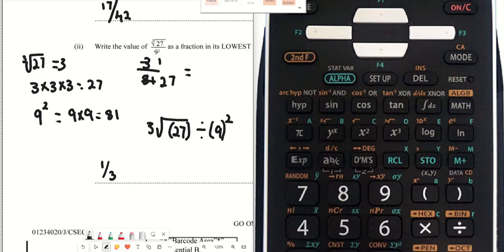So the answer would be 1 over 27. That's what I just now did. I put 27. The cube root of 27 is not 27. So 1 over 27.